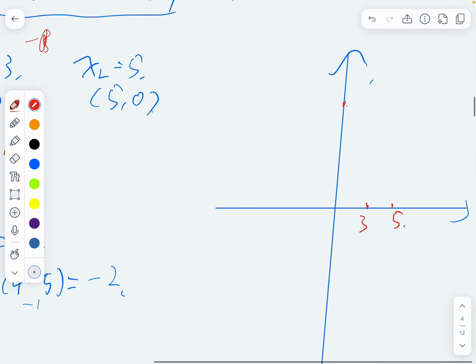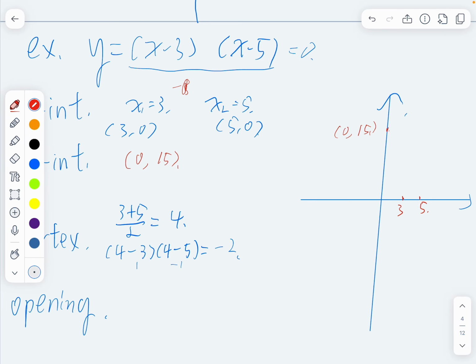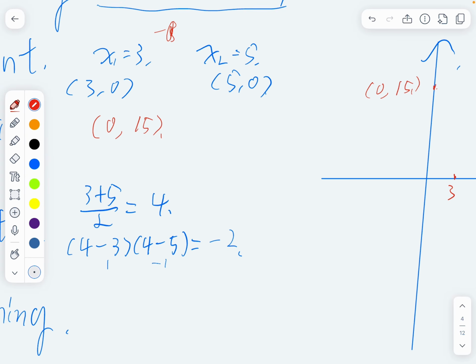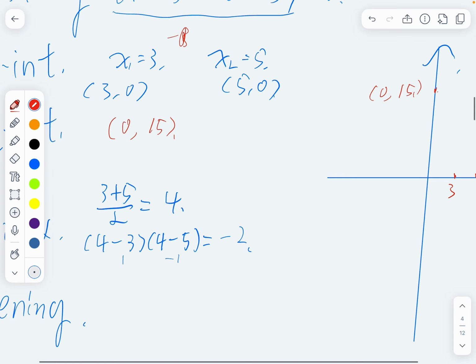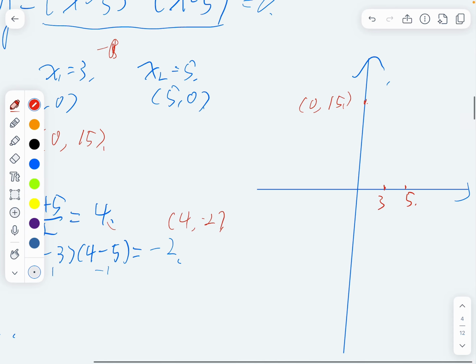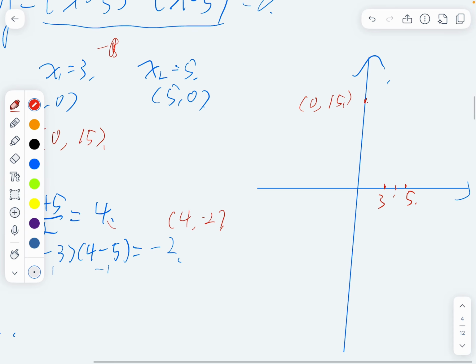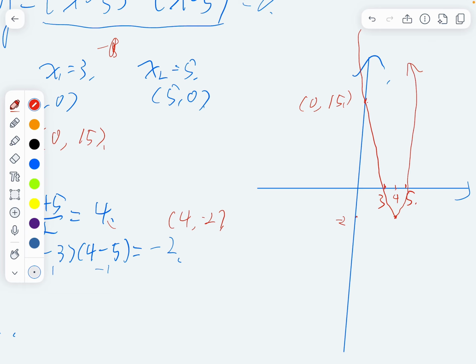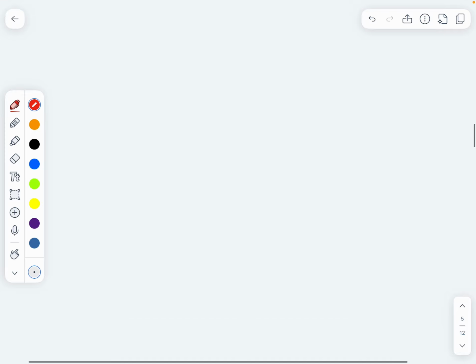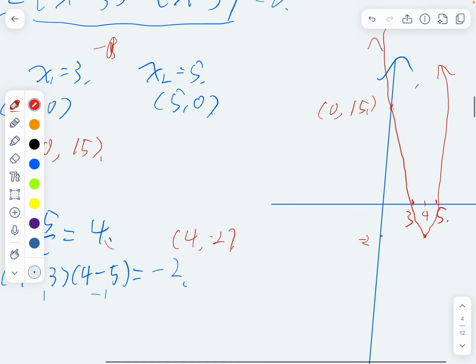So for this one it's (0, 15). The vertex is (4, negative 1). This is 4, and this one is negative 1. With the graph, it looks like that. Okay, that's the end of this.